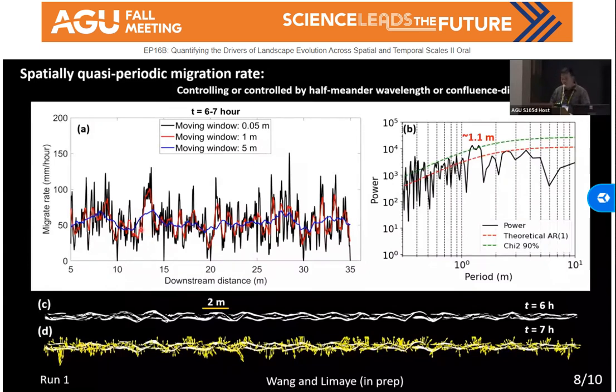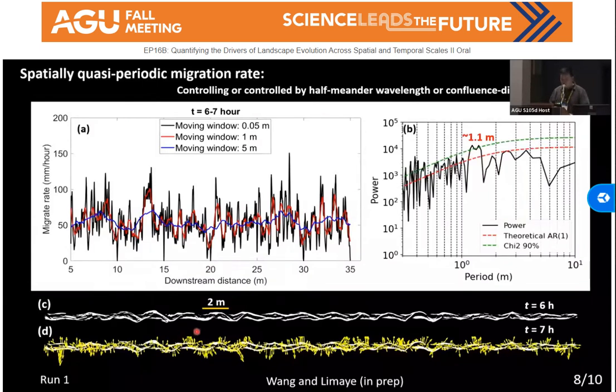So naturally, I apply time series analysis on the spatial series. It's very funny, time series analysis on spatial series data. Then we found that there is a significant peak at 1.1 meter wavelength. We can say that there's some repeating pattern in space, like every 1.1 meters you may have similar curves and similar migration rates.